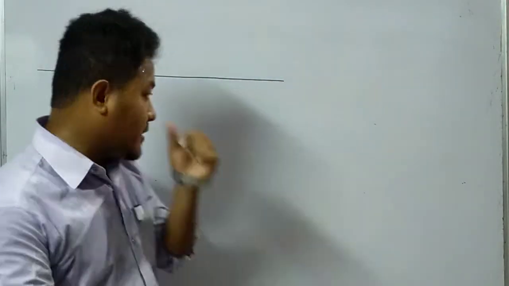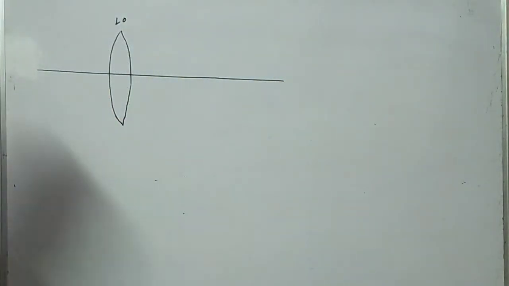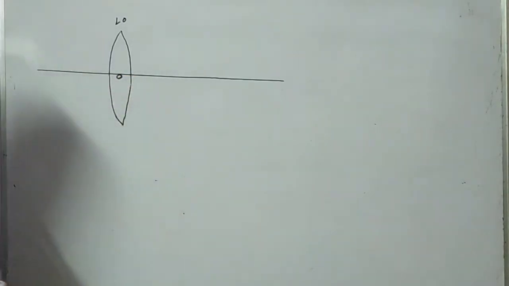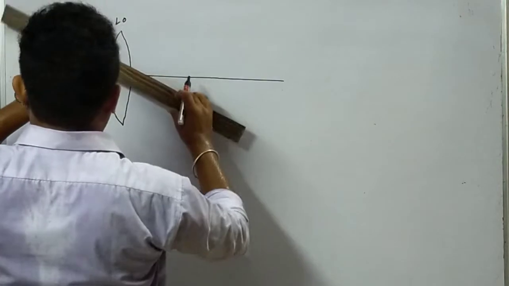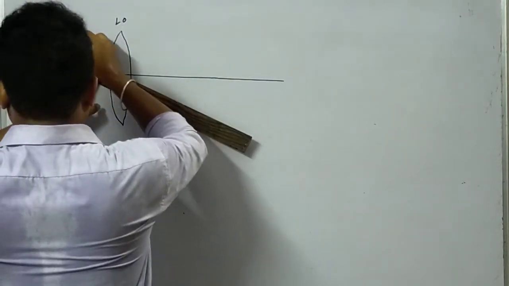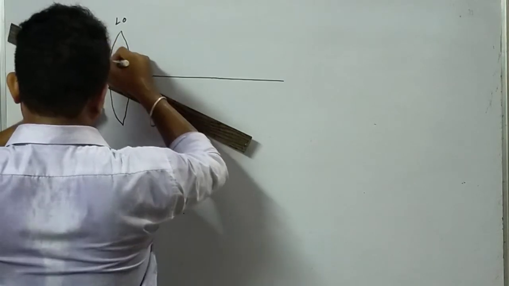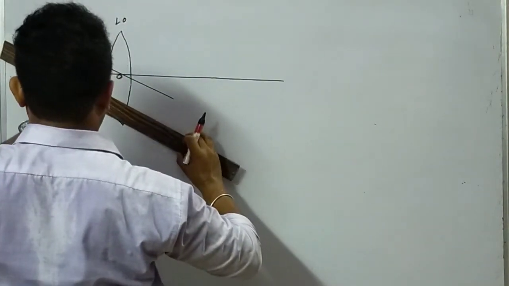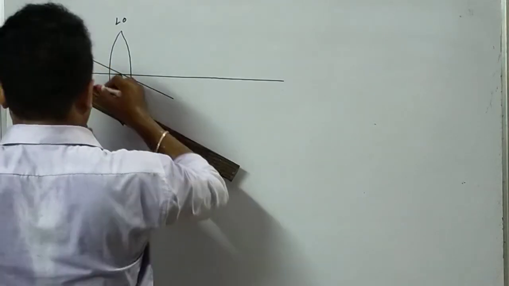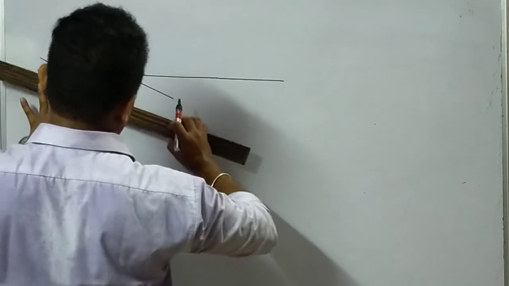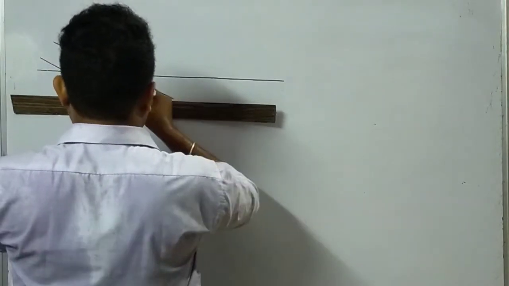And similarly, suppose this is the optical center. If I consider that the rays are coming like that, they are coming from an infinite distance. This is one more ray, also coming from infinity, and at a certain point after refraction they are going to bend like that.